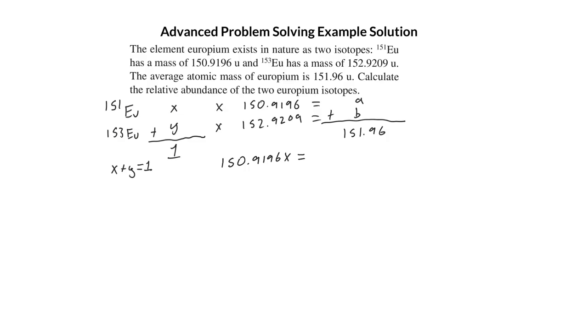Let's write a more traditional a, so it doesn't look like another number. And we'll do the same type of expression below with y. We know that 152.9209y equals b. We know that a plus b equals 151.96.